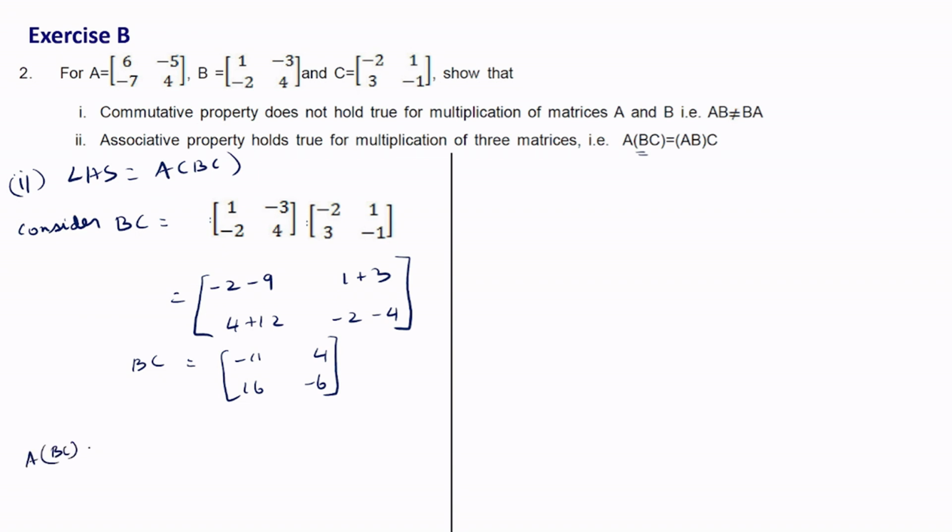A into BC, it is the matrix A, 6, minus 5, minus 7, 4 into the matrix which we just now got, minus 11, 4, minus 16 and minus 6.